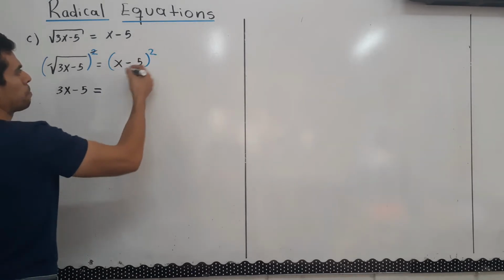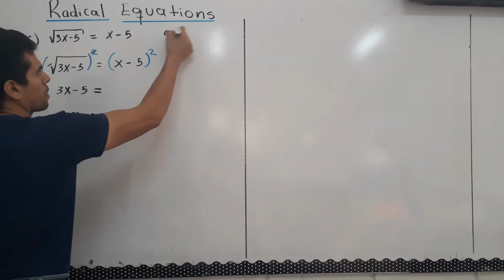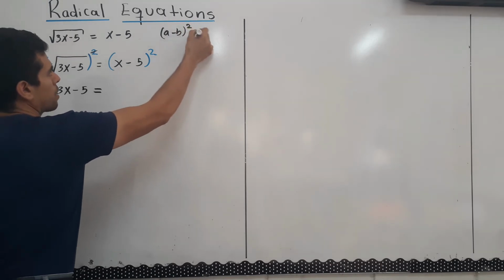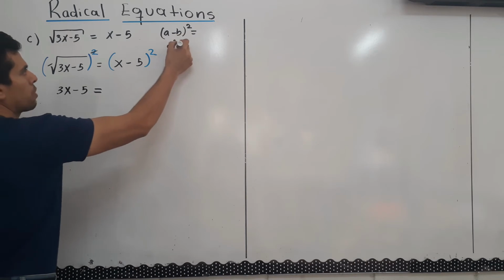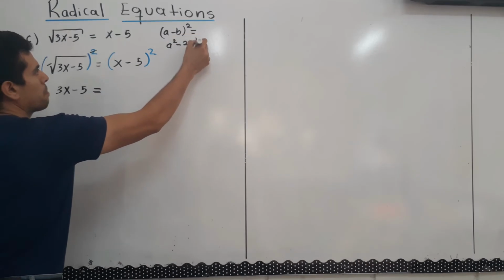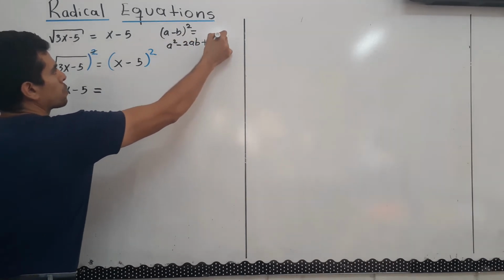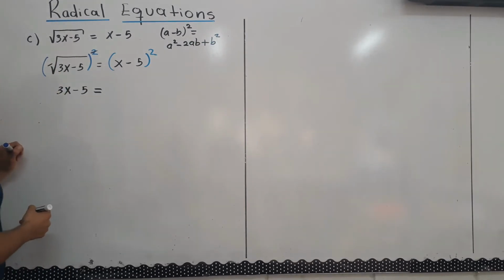This is something that we have studied in the class. A minus b elevated to the 2 is equal to a to the 2 minus 2ab plus b to the 2. Okay? I'm applying that special product.